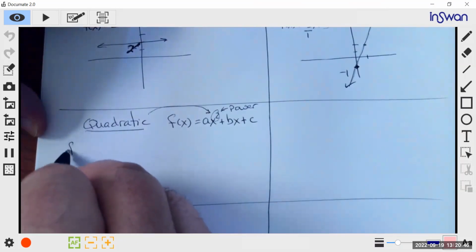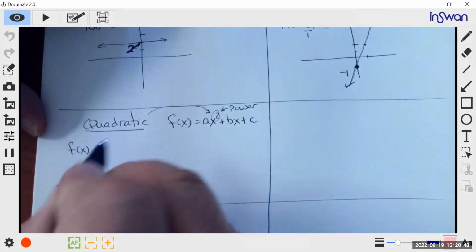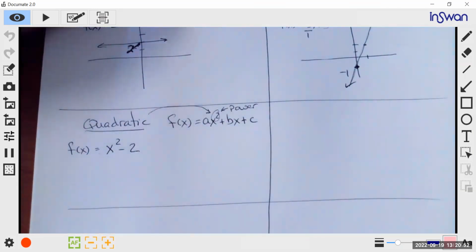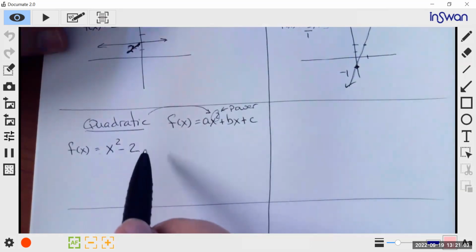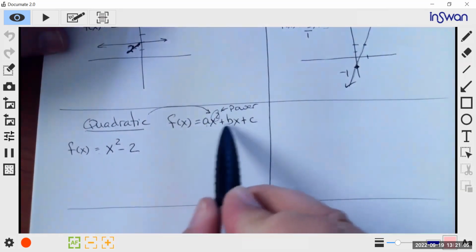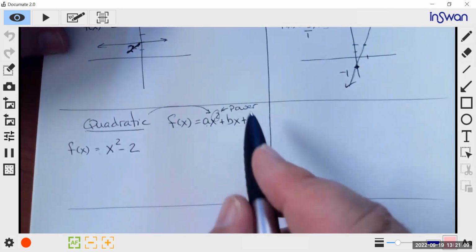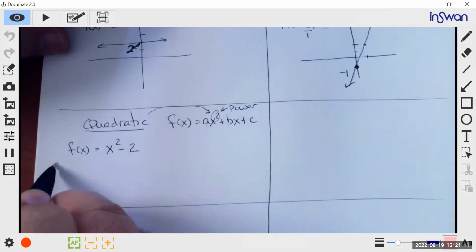So for example, if I gave you this equation, where A, B, and C are coefficients, they're numbers. So in our equation here, what's A?